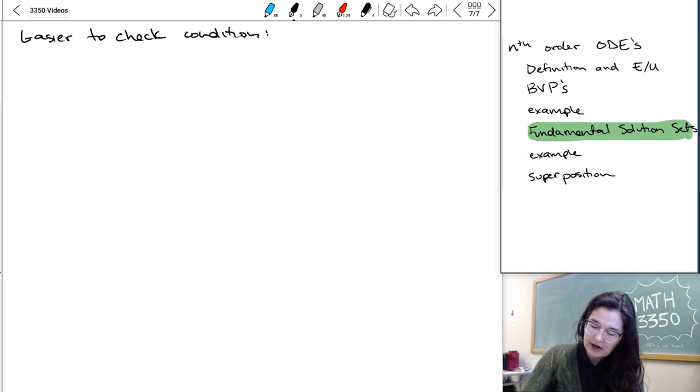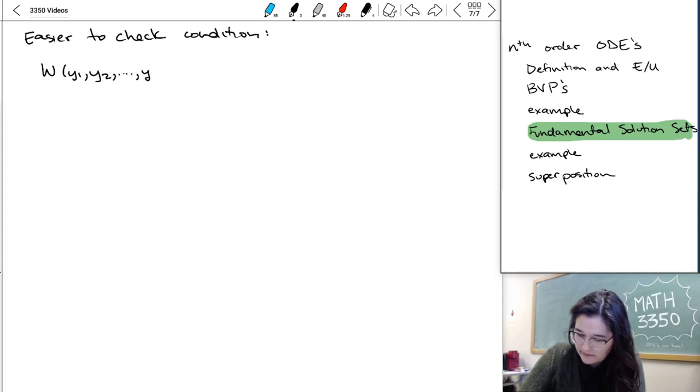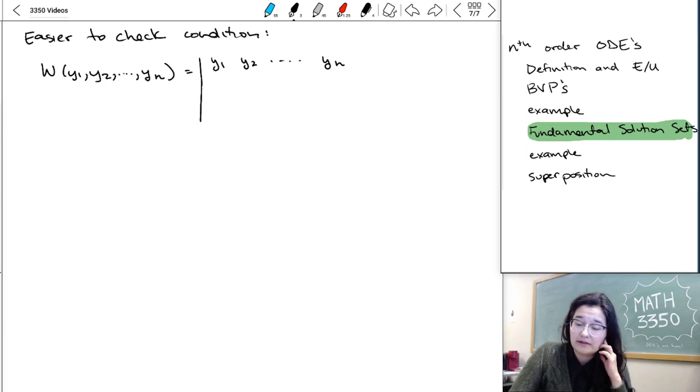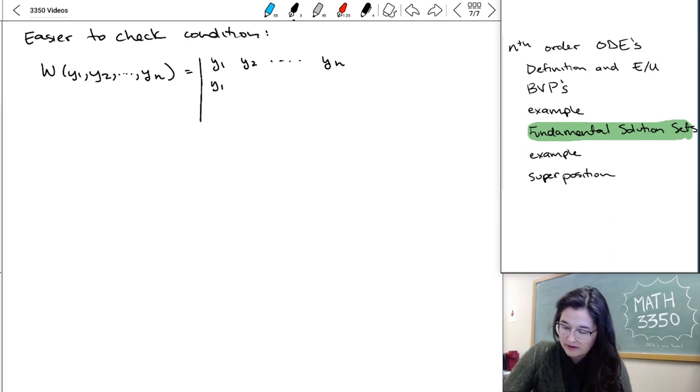So an easier to check condition is going to be using something called a Wronskian, denoted by W. And it can be defined for some functions y1 through yn. What you're going to do is put your functions in the top row of a matrix, and then put their derivatives in the next row.